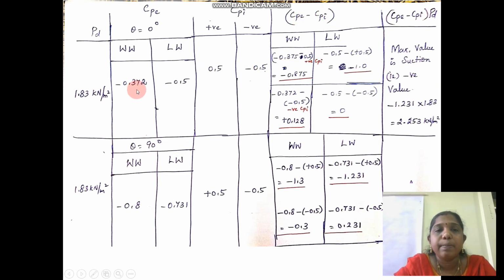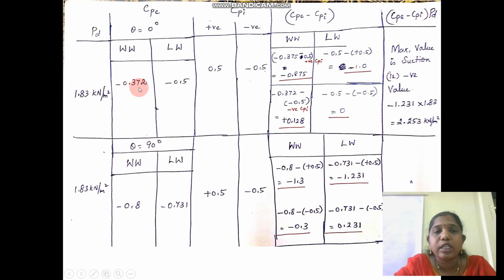Therefore, for the CPE value for windward, you have to calculate two values, for positive CPI and for negative CPI. That is why I have calculated two values for windward, minus 0.372 minus 0.5. That is CPE minus CPI. When the CPI value is positive, you have to directly subtract it.